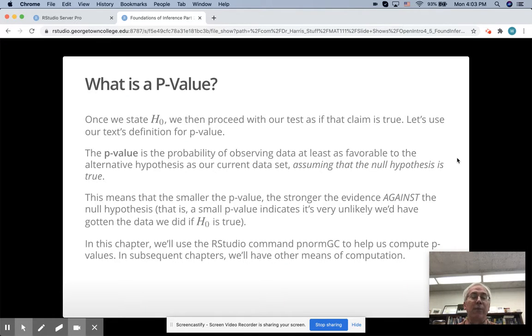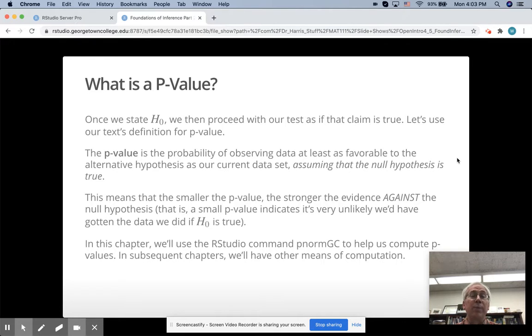So here's our definition of p-value. Once we've got our null and alternative hypotheses, the p-value is the probability of observing data at least as favorable to the alternative hypothesis as the data that we collected, under the assumption that the null hypothesis is in fact correct.